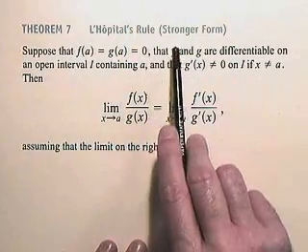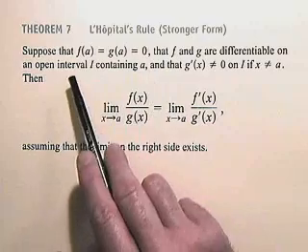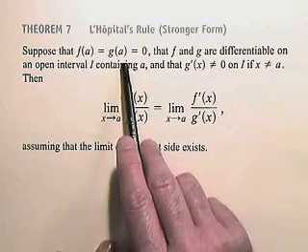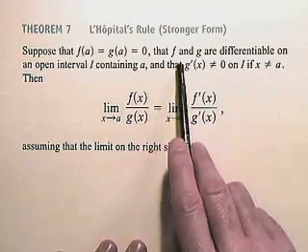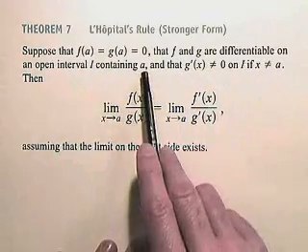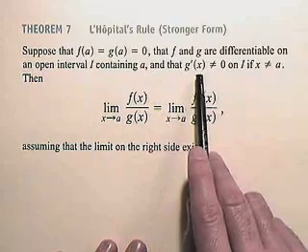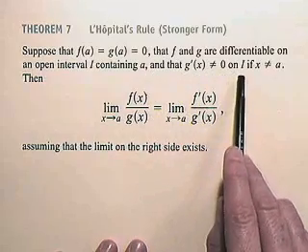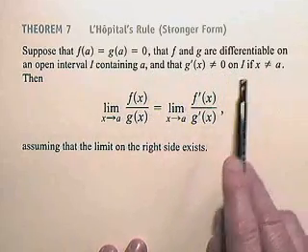L'Hopital's rule, the stronger form. Suppose that f of a equals g of a equals 0, that f and g are differentiable on an open interval I containing a, and that g prime of x is not equal to 0 on I if x is not equal to a.